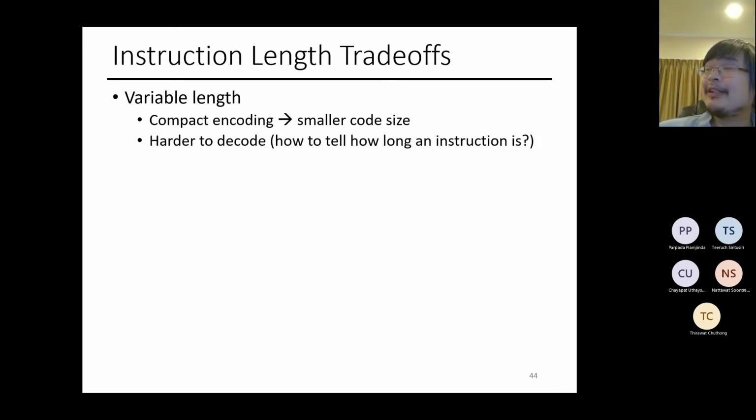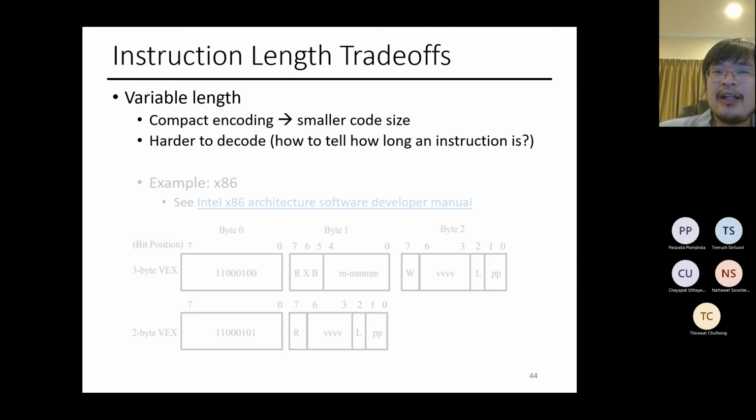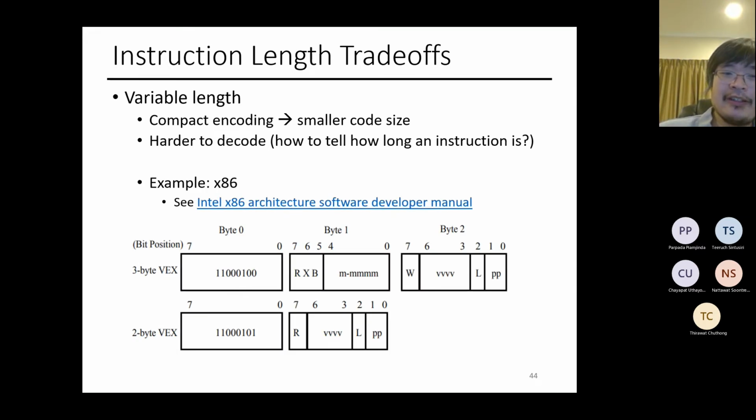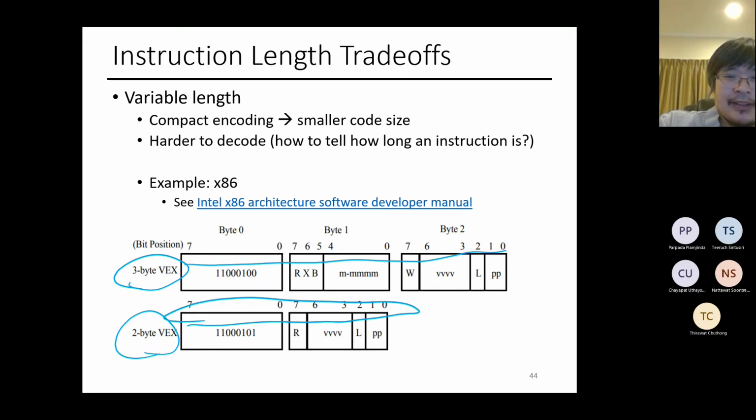It's harder to decode because you have to tell how long the instruction is. An example is x86, where the same instruction, VEX, has a 2-byte version and a 3-byte version, and you can only tell which version it is after you read the first byte, because there's only 1 bit different right here.